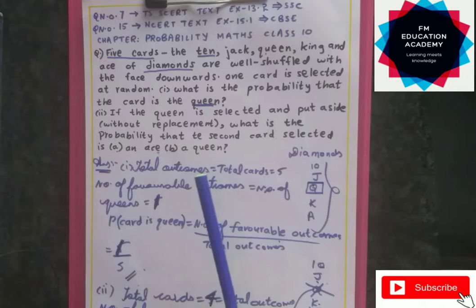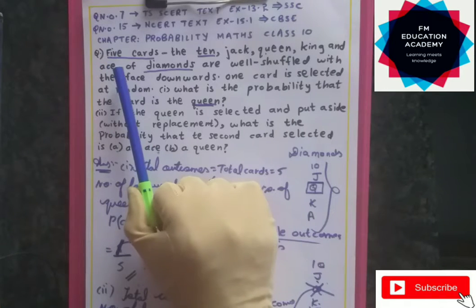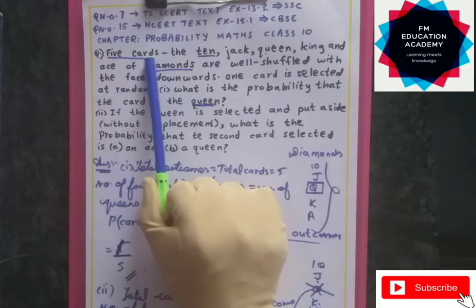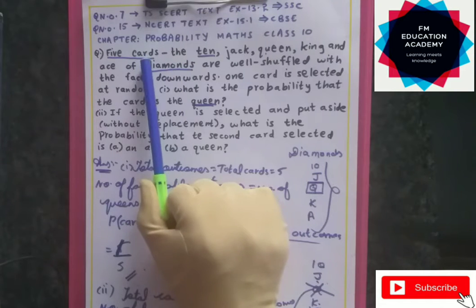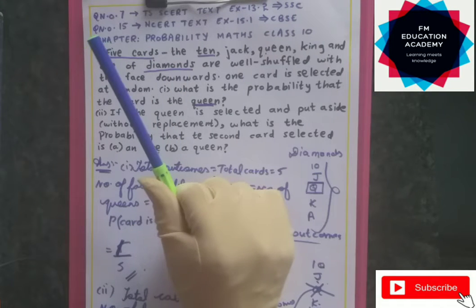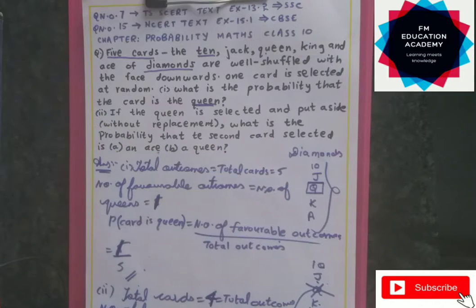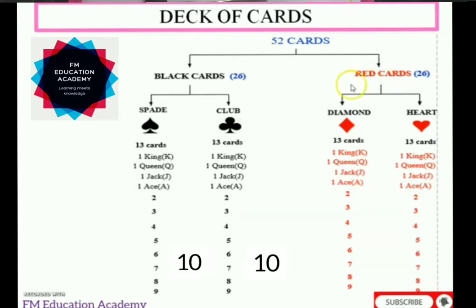So, observe this question. In this question, you can observe that 5 cards of diamonds are given. What are these 5 cards of diamonds? For that, you should have knowledge of cards.